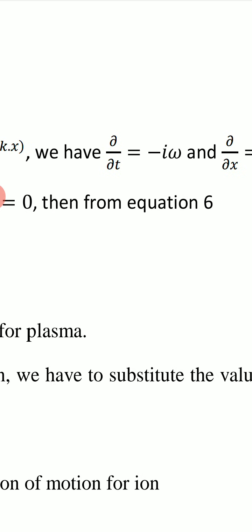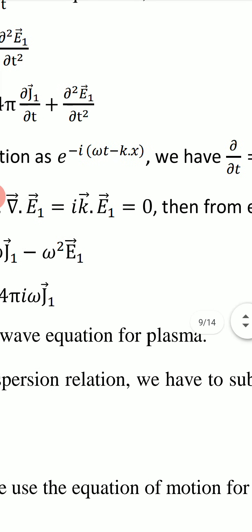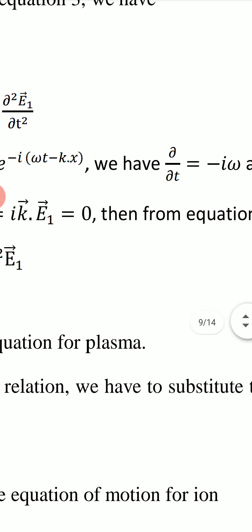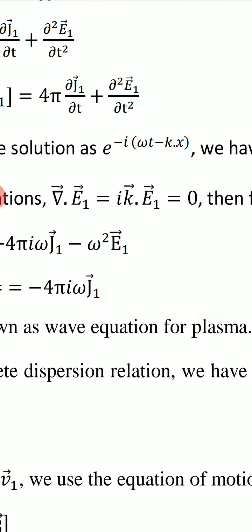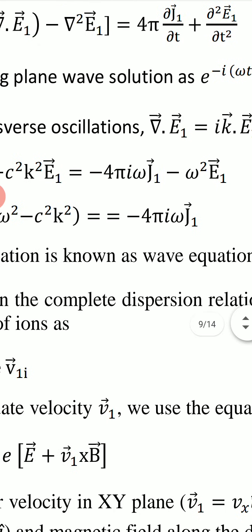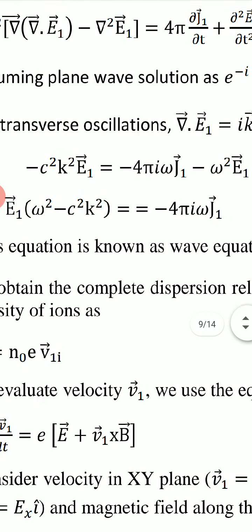So d2 by dt square is minus i omega into minus i omega, that is i square omega square, that is minus omega square. So the second term on the right-hand side becomes minus omega square E1 vector. In this way we get this relation.